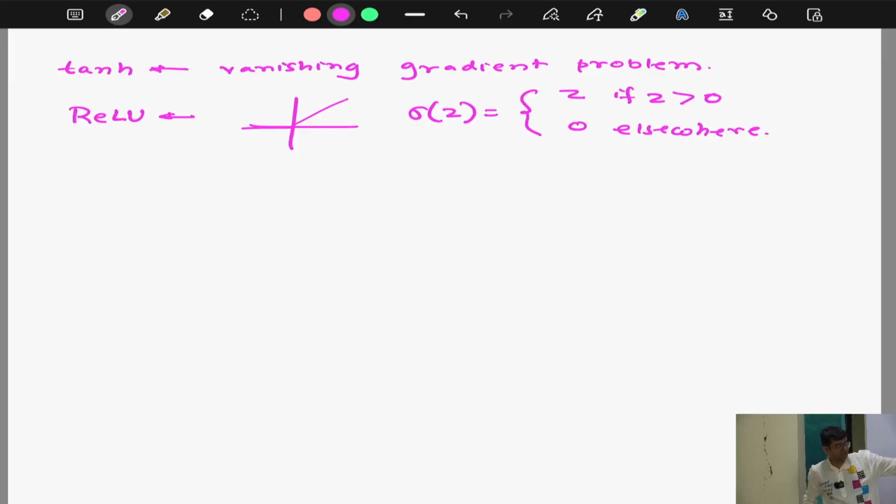It's known as the dying ReLU problem, that on the negative side there is no output, gradient also is 0. So not only zero gradient, 0 output also. So that's why it's called the dying ReLU problem. Dying ReLU means no output, also gradient 0.